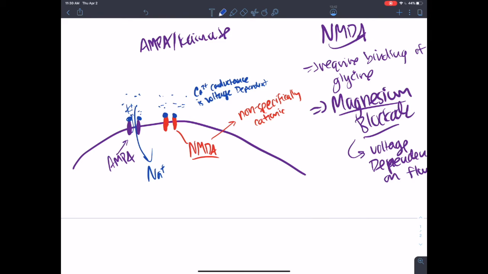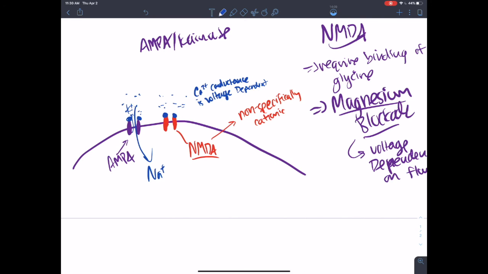And that's going to be pretty core to this idea of what synaptic plasticity is, right? It's a response of the postsynaptic cell, or a response of the presynaptic cell even, but in this case it's postsynaptic. A response to an increase in activity that's going to lead to an increased sensitivity of the postsynaptic neuron to glutamate. And we'll talk about that a little bit more as we talk about synaptic plasticity.